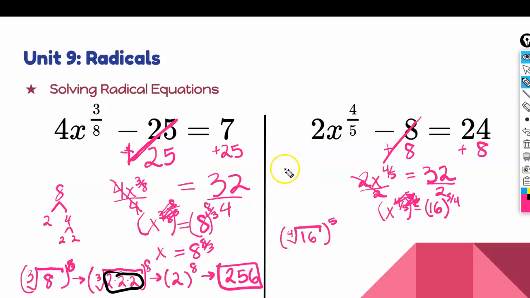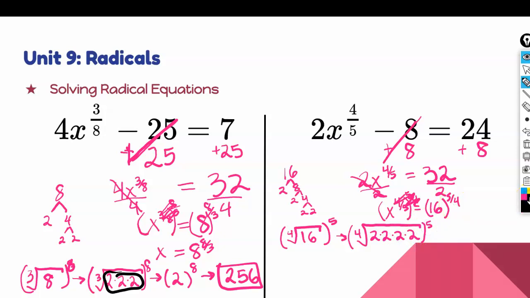Taking that 16, breaking it up a little bit. That's 2 and 8. 8 is 2 and 4 is 2 and 2. So really, what is 16? It is 2 times 2 times 2 times 2.